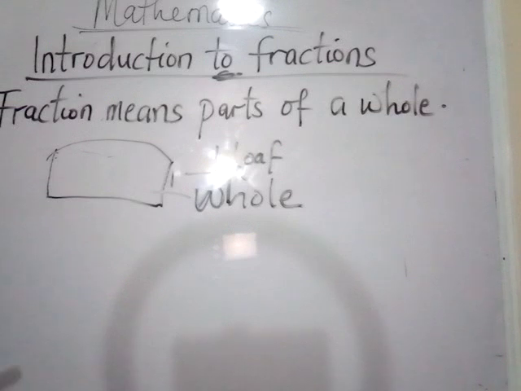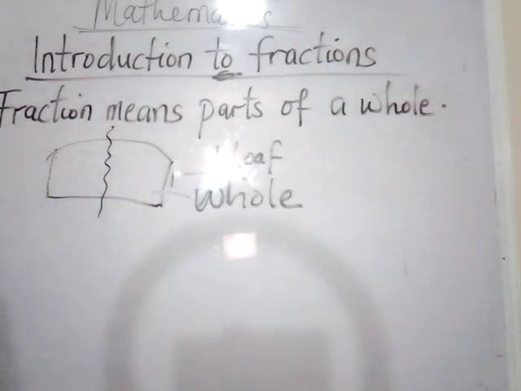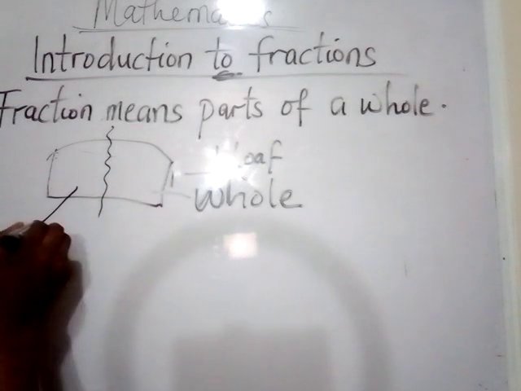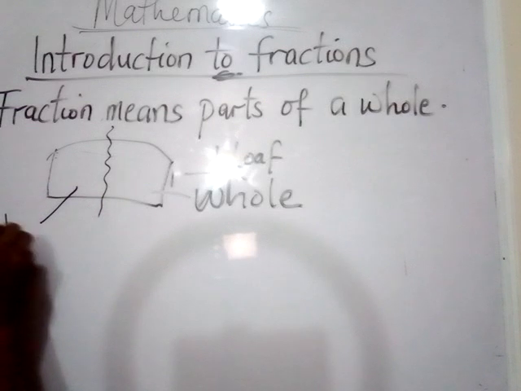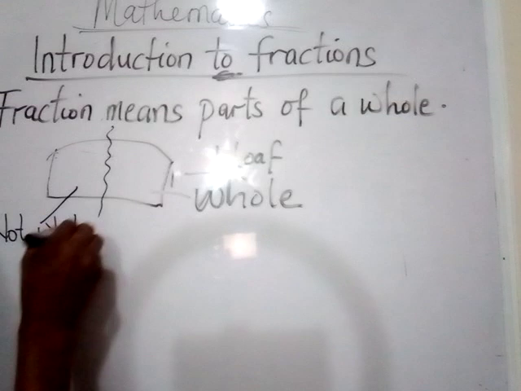Now let's look at a situation where this loaf of bread needs to be shared among, let's start with 2 people. So you find out that it goes right there in the middle. Now if it is cut like this, then this part is no longer whole. So you see what I wrote there? Not whole.